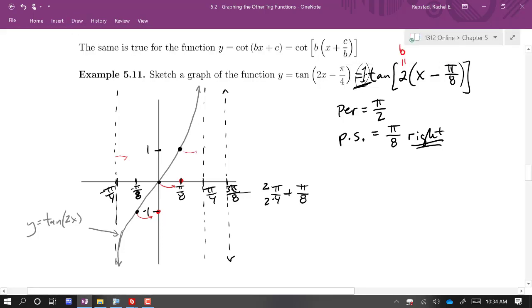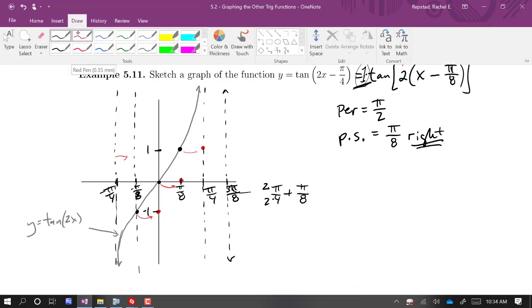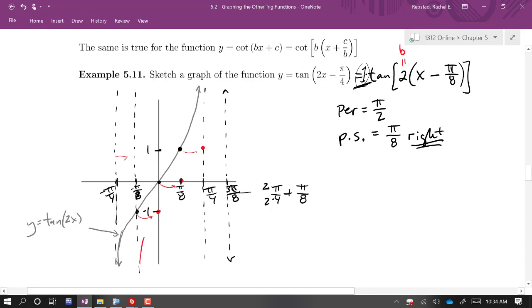This point moves over there. Here's my new asymptote. And there's the graph of tangent of 2x minus pi over 4.